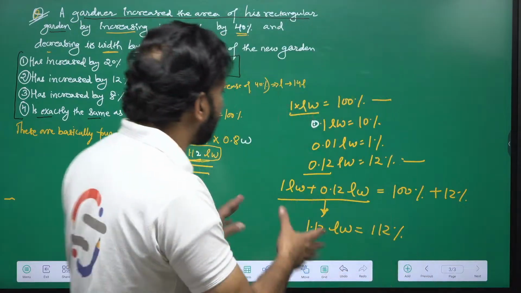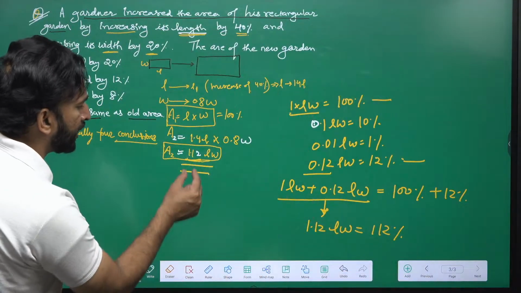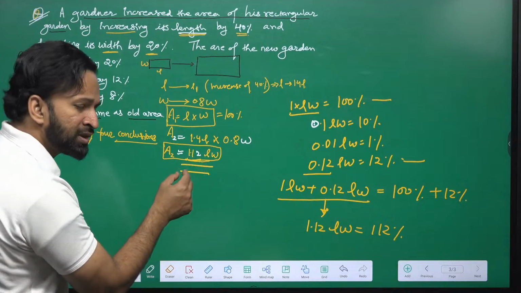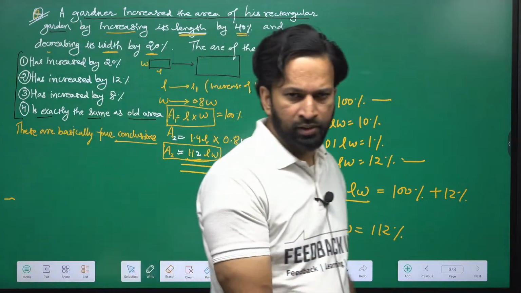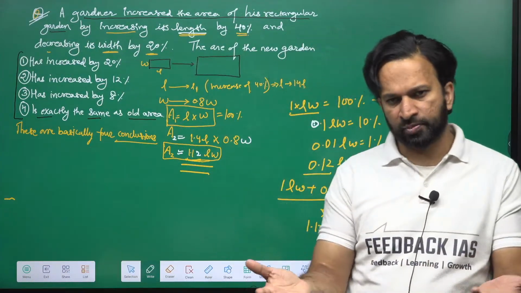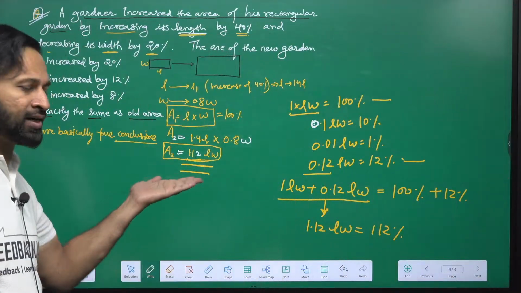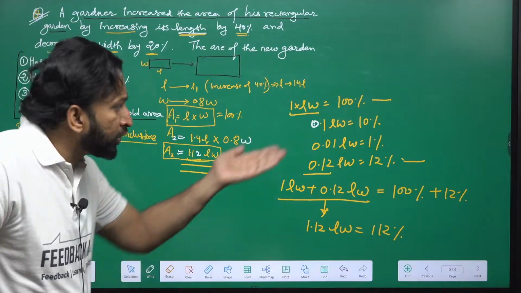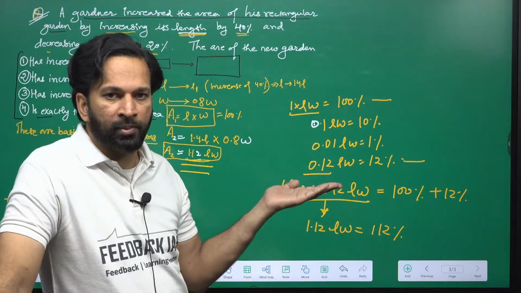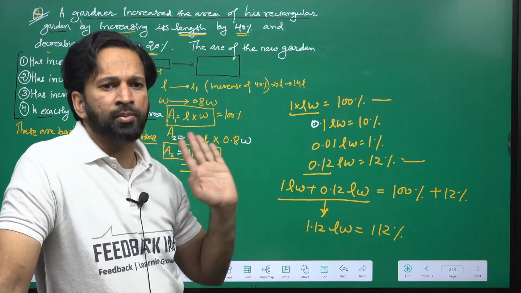Otherwise it can be done very easily. If I just see 1.12, it means that 12% is added. That is based on practice, on observation, that you can find the answer here itself. But I wanted to show you how to calculate it fundamentally, so that whatever type of question comes, you are able to solve it.